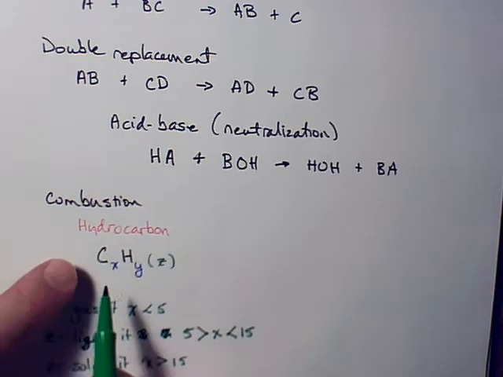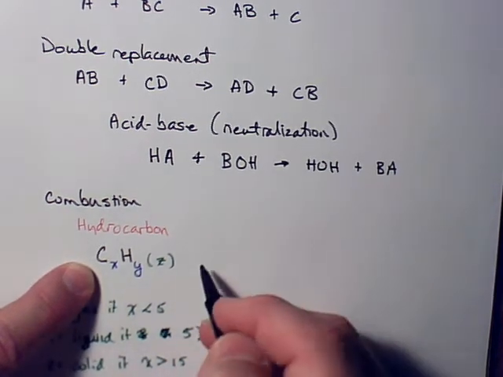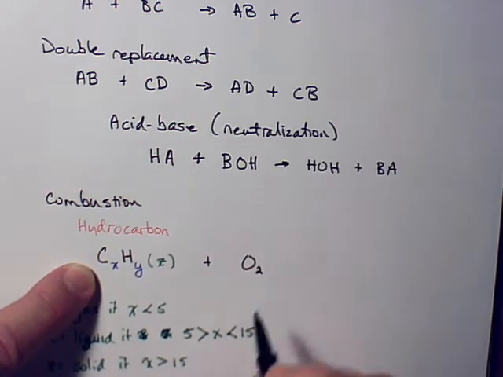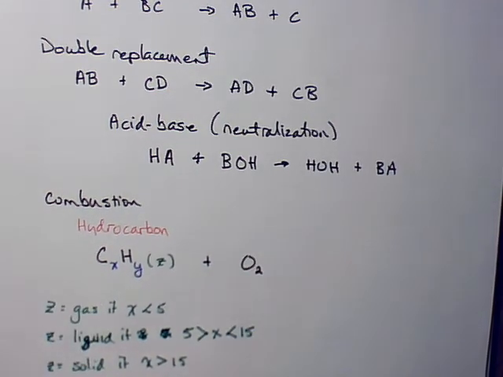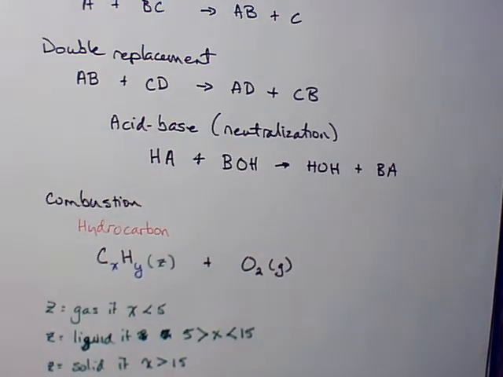All right, now, in a combustion reaction, this hydrocarbon is always going to react with oxygen. And oxygen in the air is always O subscript 2, and it's always a gas.